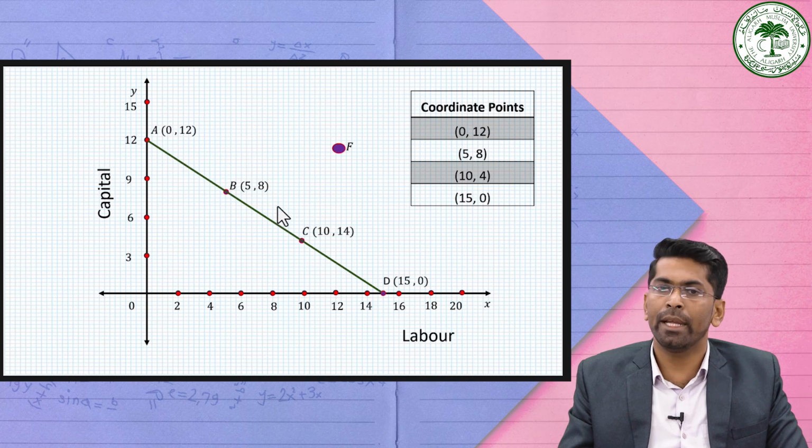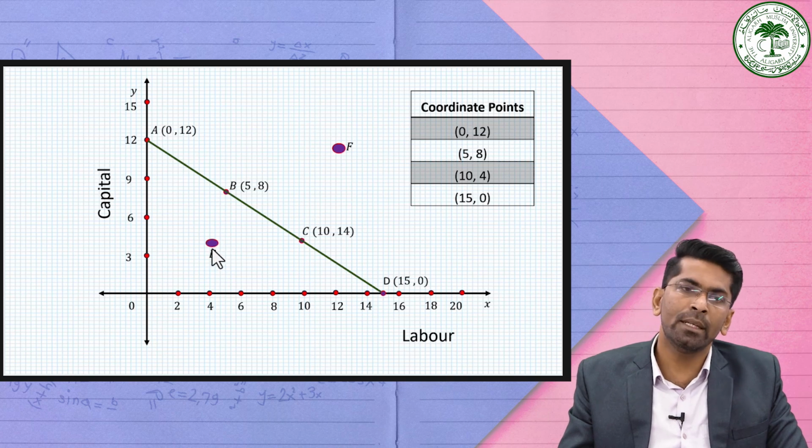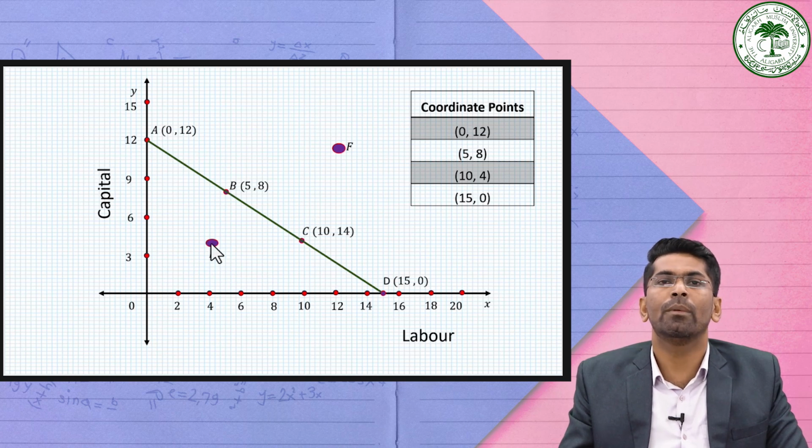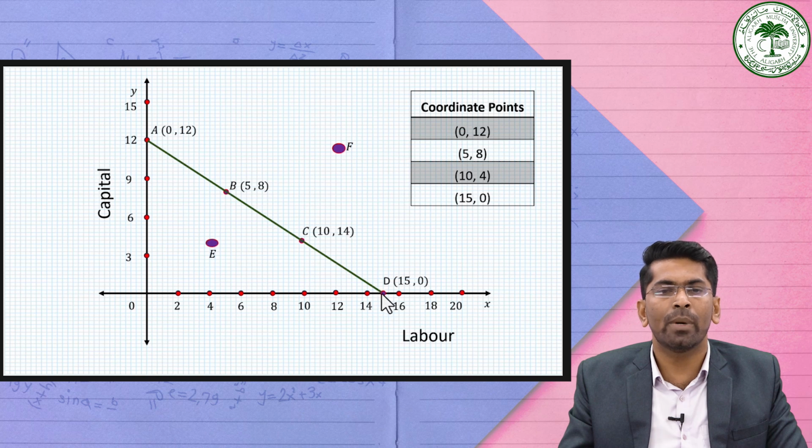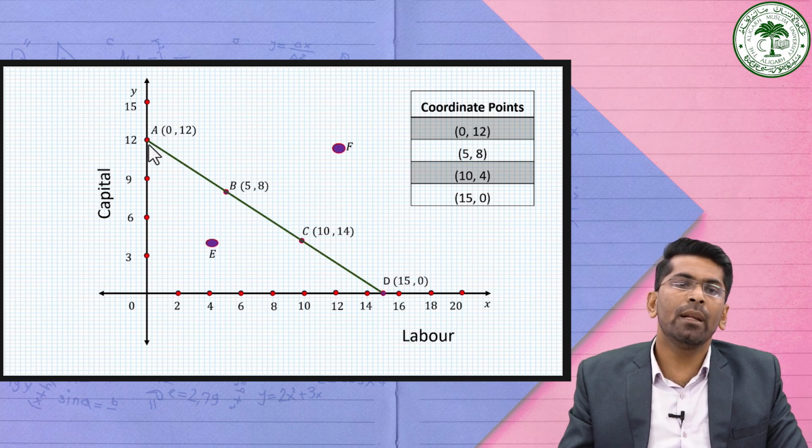With the producer income of 600 rupees, he is unable to purchase this point. Similarly, any point inside the isocost line is feasible and the producer can purchase it, but he is not spending his entire income on the two factors, labor and capital. If he spends his entire income on the two factors, he will lie on the given isocost line. At this point he is spending his entire income on labor, and at this point he is spending his entire income on capital.